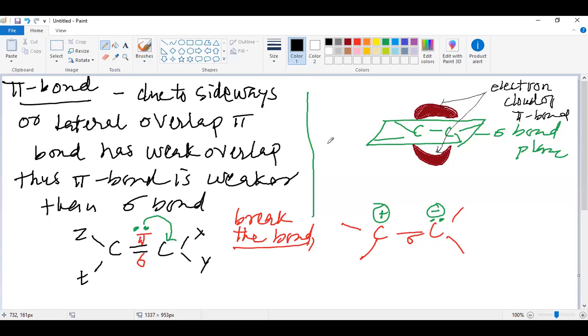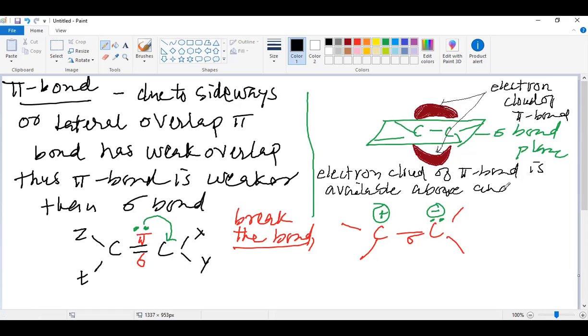What we simply understand here is that the electron cloud of the pi bond is available above and under the sigma bond plane.